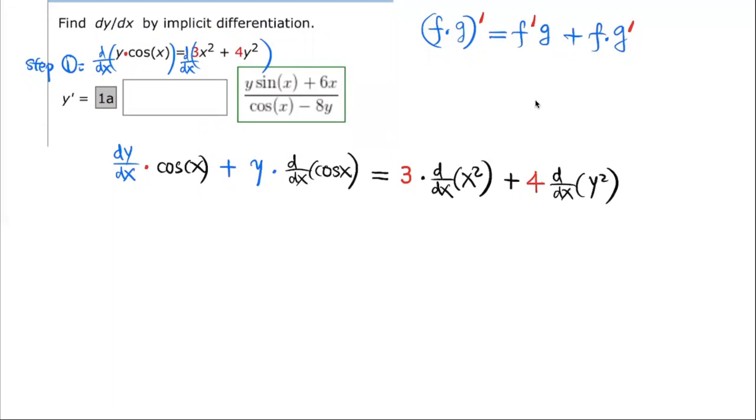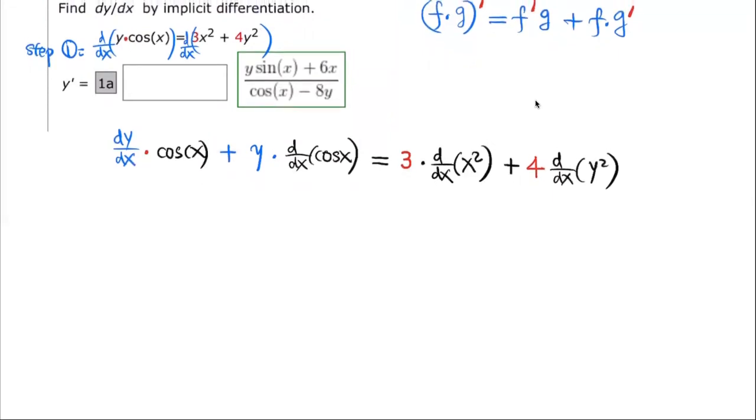Now, I write down every step, just in case I miss anything. Here we have dy/dx. Let's write this as y prime, that might be easier that way.